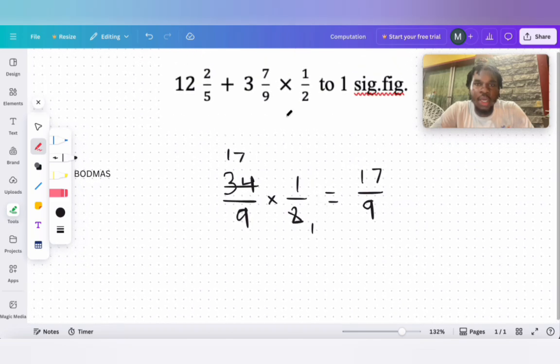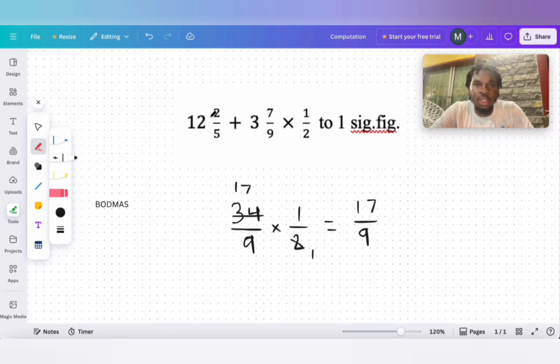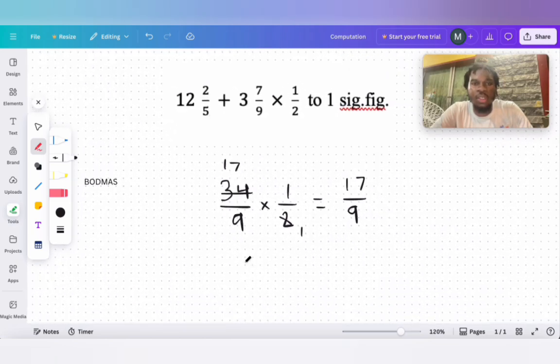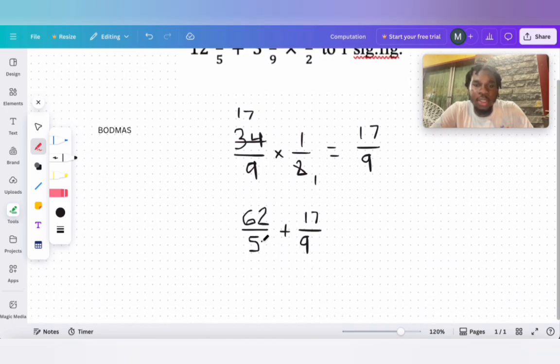So now we could add 17 over 9 to 12 and 2/5. Firstly, let's convert 12 and 2/5 into an improper fraction. So 12 times 5 is 60, plus 2 is 62, and then we put that over 5, then add that with 17 over 9. Since these don't have a common denominator, we need to make sure that they do.